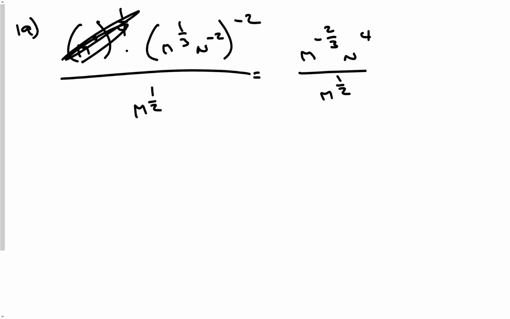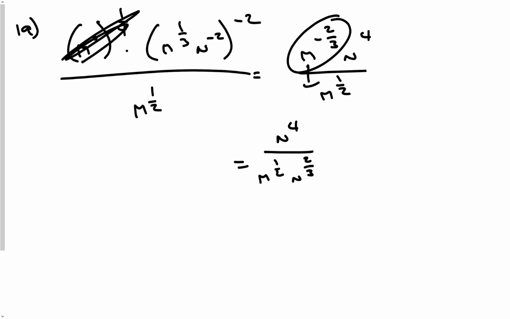Okay, let's take this and move it down. Okay, make it positive and combine it with the 1/2. So now we have n to the 4th power over m to the 1/2, m to the 2/3.